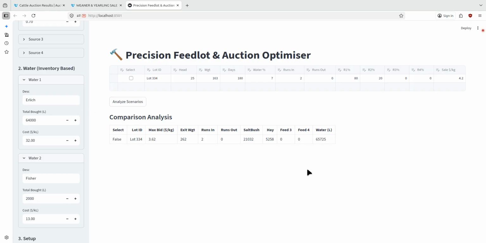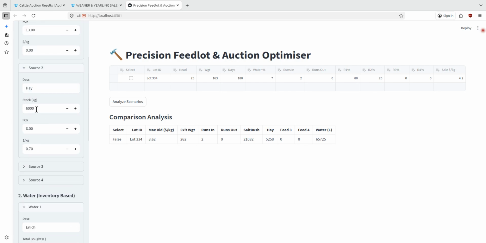Obviously you want to have a buffer, so you don't want to be silly, but that gives you indicatively a better way to calculate what you actually need. Same with your feed, so you don't have to buy extra surplus feed and have it go bad while it's sitting for 12 months not being used. So you're only buying in what you need, you're not wasting money.